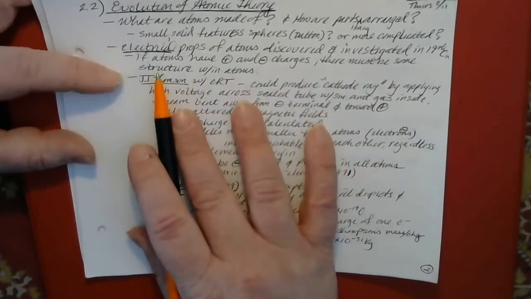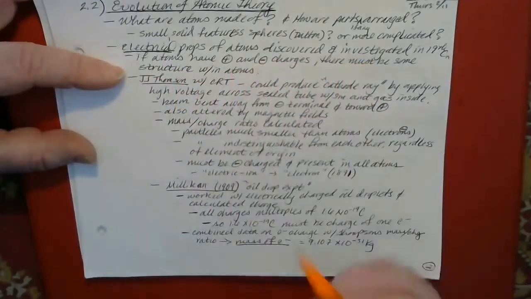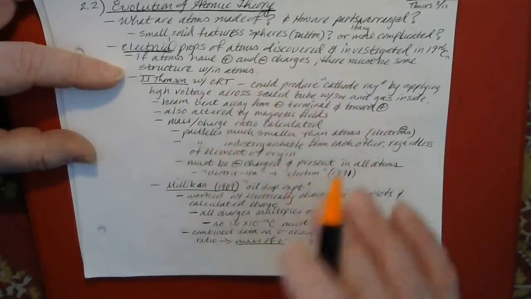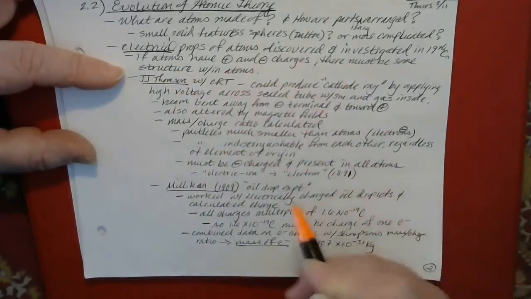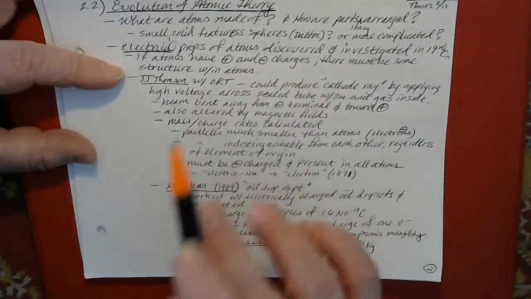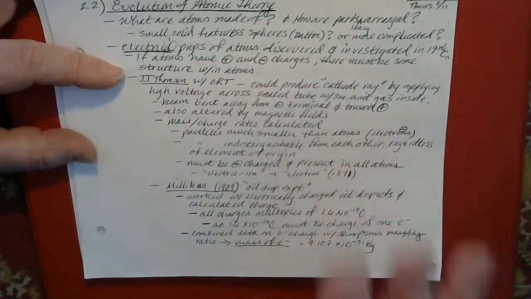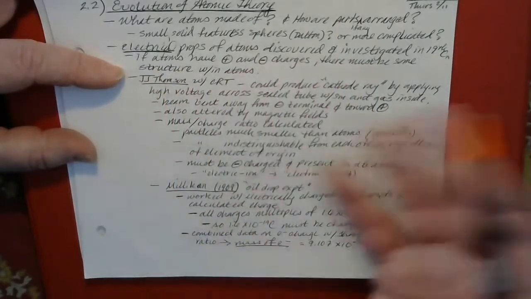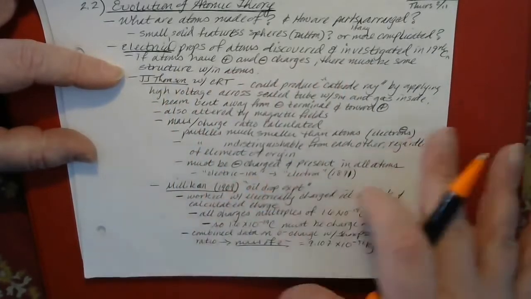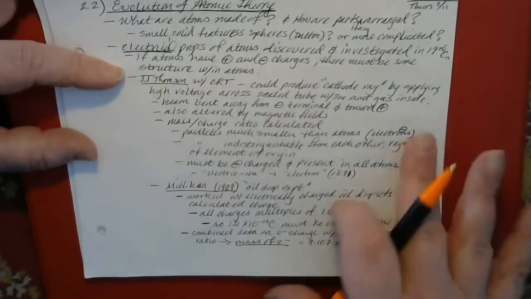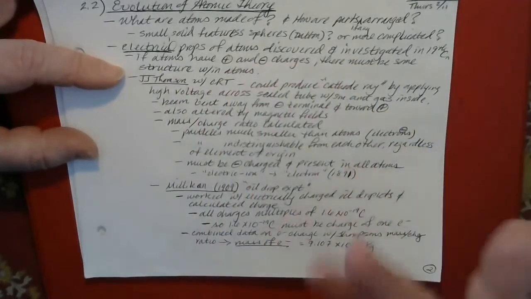So scientists began discovering the existence of positive and negative charges within atoms, which meant, of course, that there must be some sort of internal structure in the atom to have some sort of differentiation between positive parts and negative parts. You need an internal structure. It can't just be a featureless billiard ball.